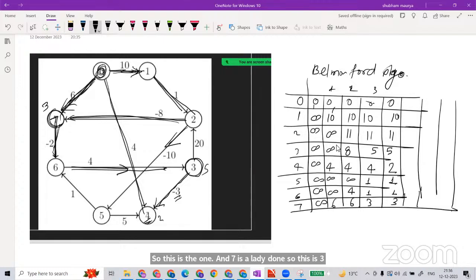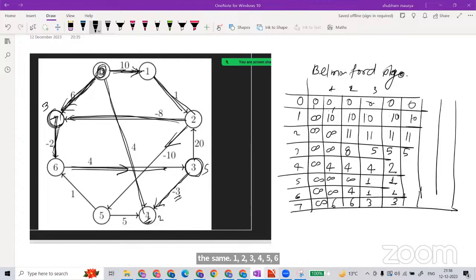Now the next iteration, we have reached 5 till 4. So 0 to 0, 0 to 1, 10, this will be the same. And now is there any other way to reach 3? This is going to be the same, 1 2 3 4 5 6.